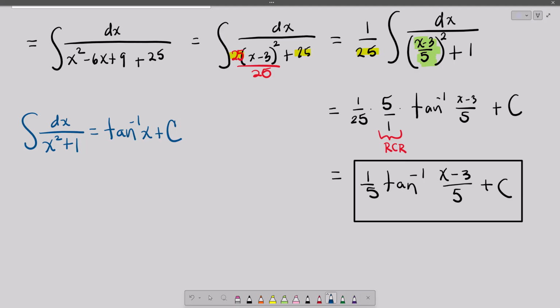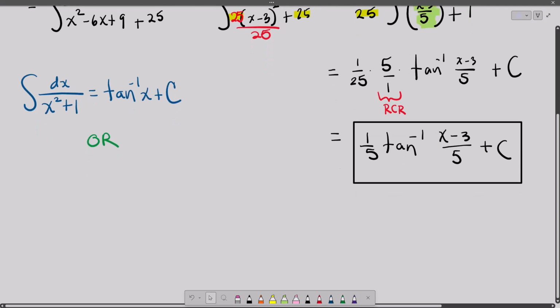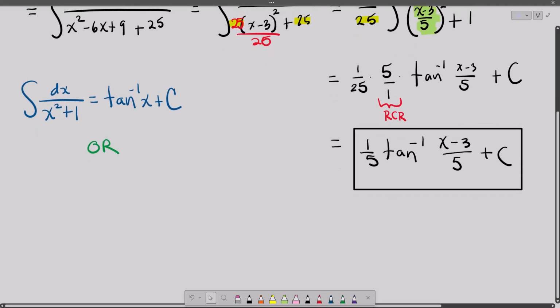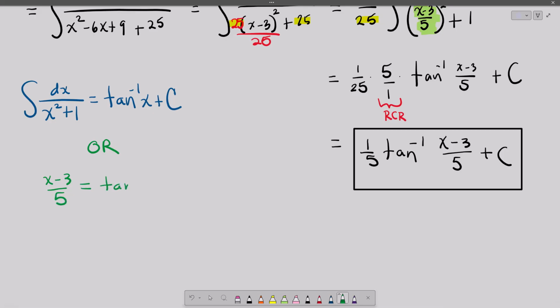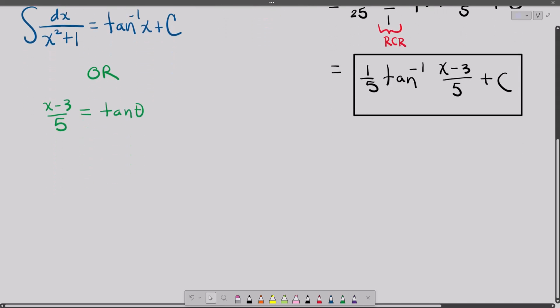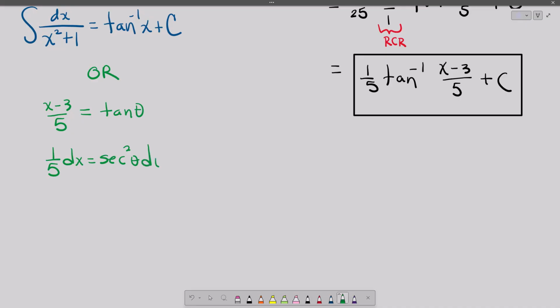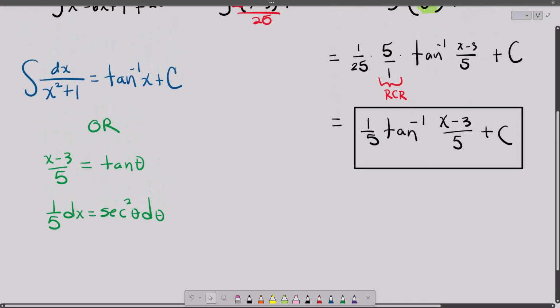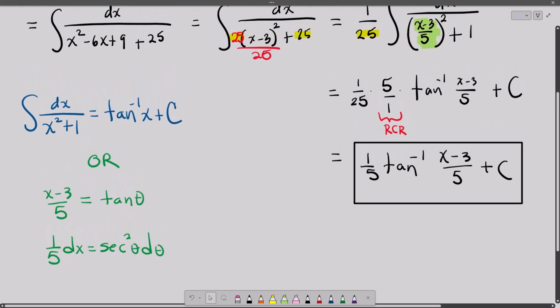So, if you didn't notice that, you would say this. And then you would take the derivative of both sides. And then you would do your substitution. Is it 1/25?